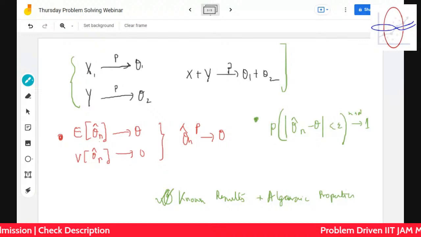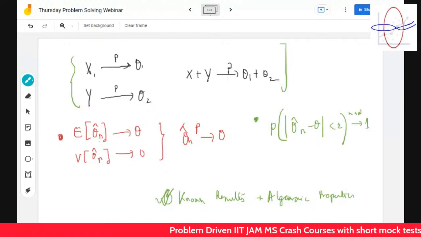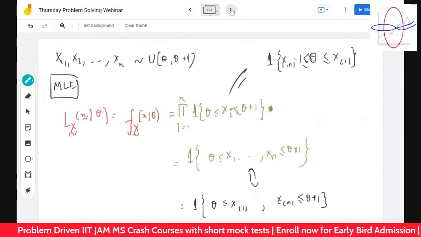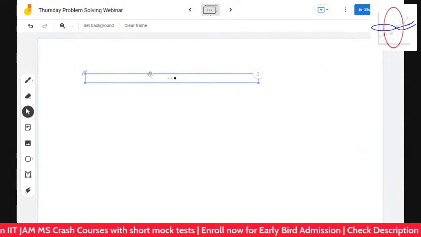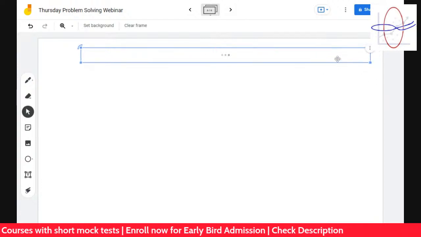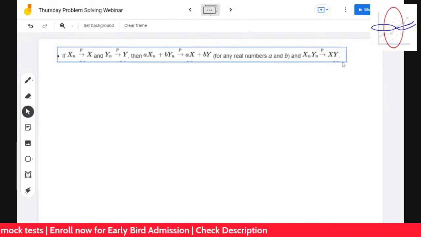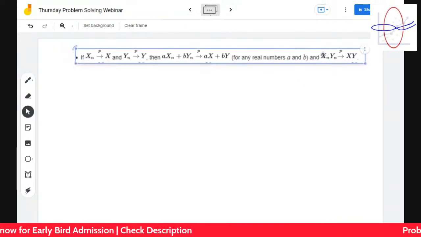So this is one of the properties which is really important. It's a long one. It just tells you the normal algebra.